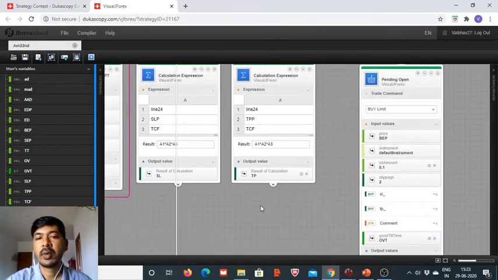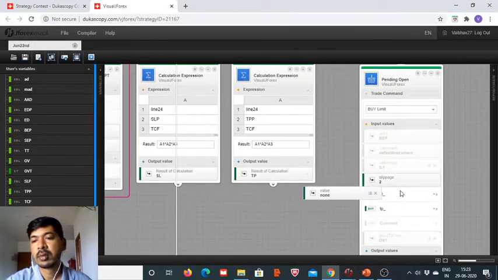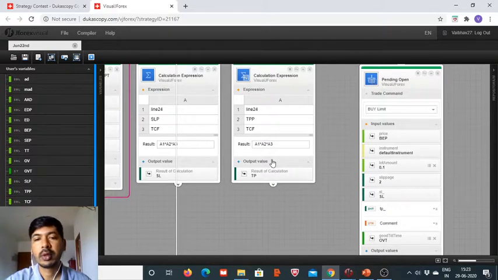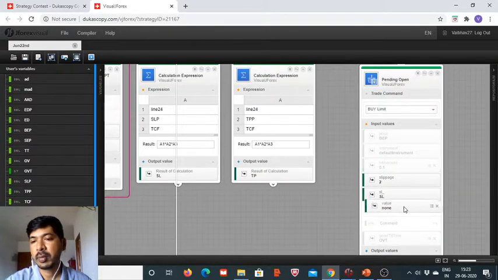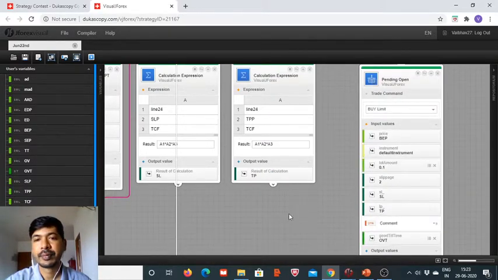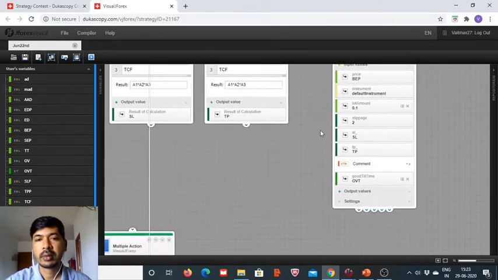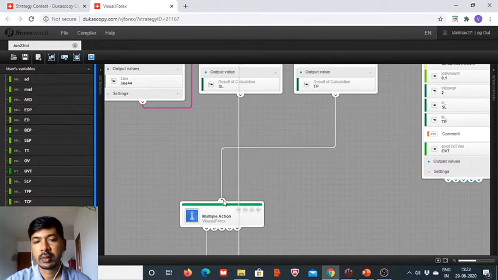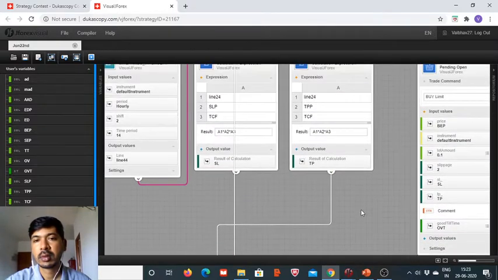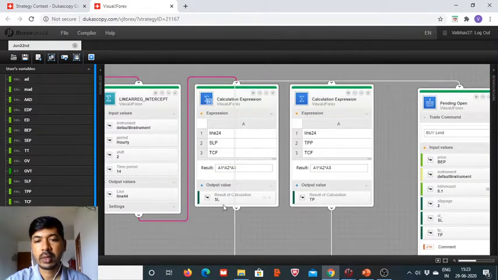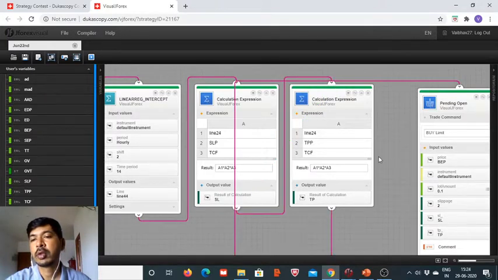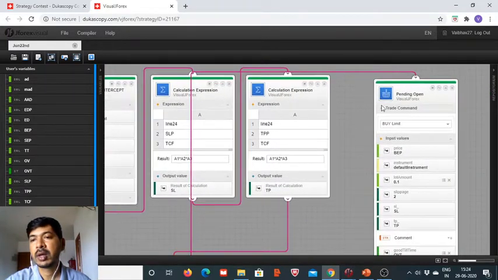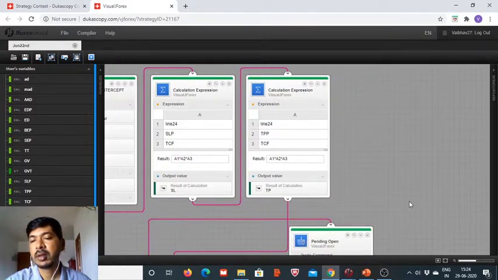So we have defined the stop loss and the target price. Okay, so here we connect this, and we have to connect these two blocks as well. So as you can see, now the flow is complete on the buy side.